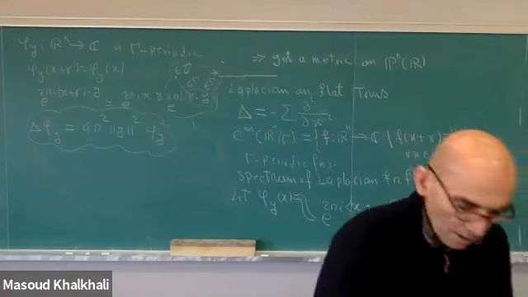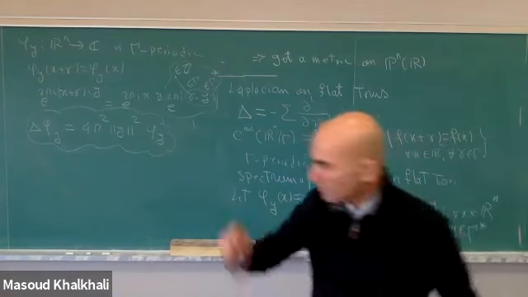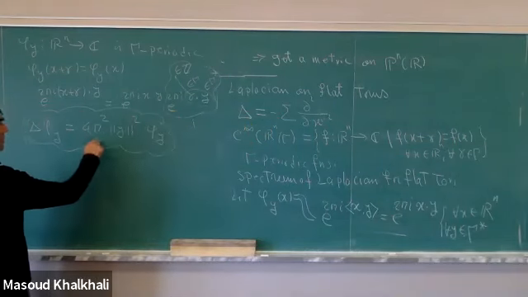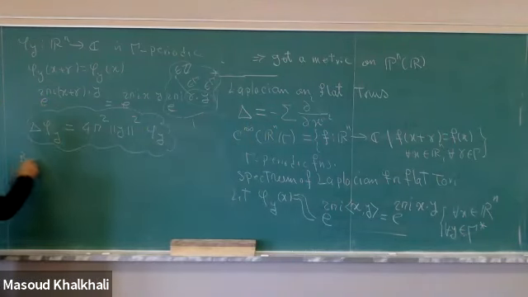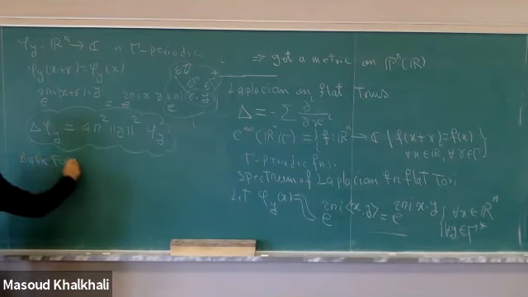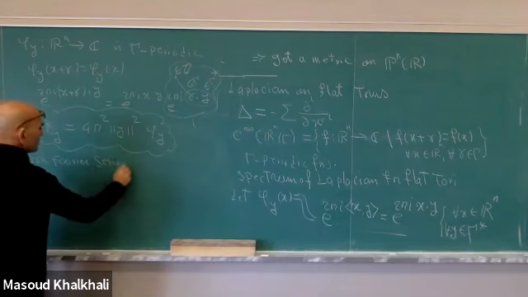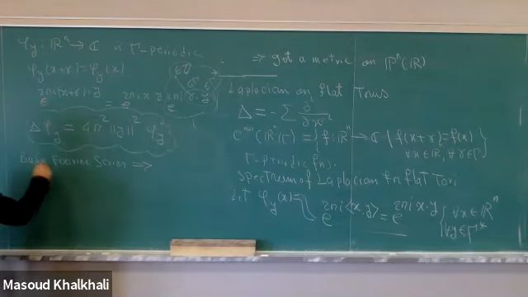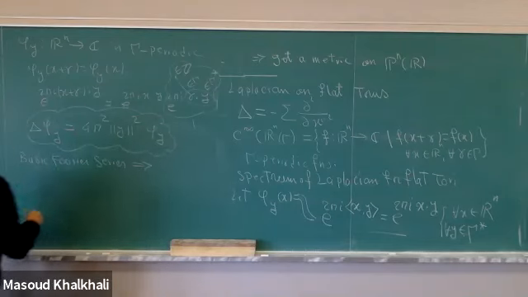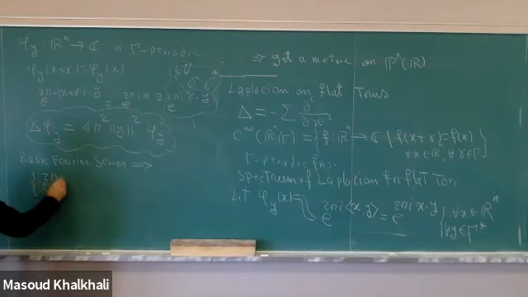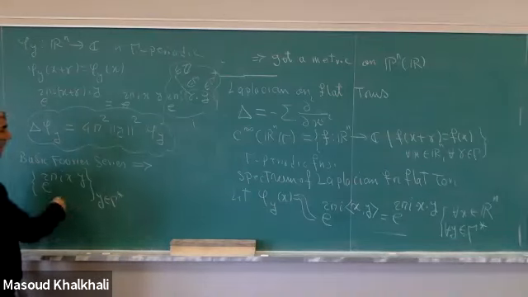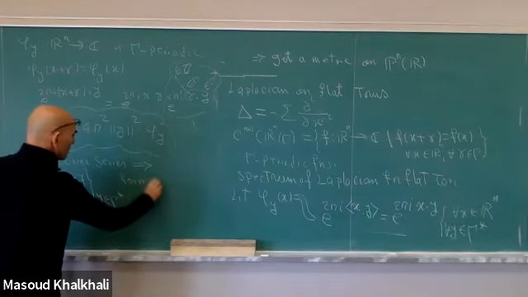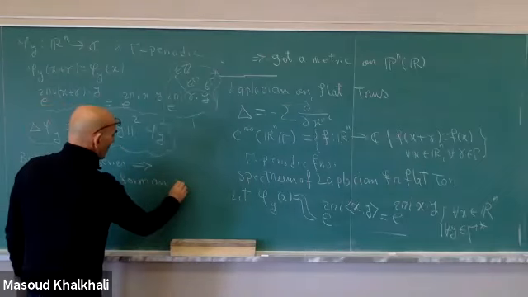Now, this kind of function. Basic Fourier series theory shows that these functions e to the 2 pi i x dot y, y belonging to gamma star, form an orthogonal basis.